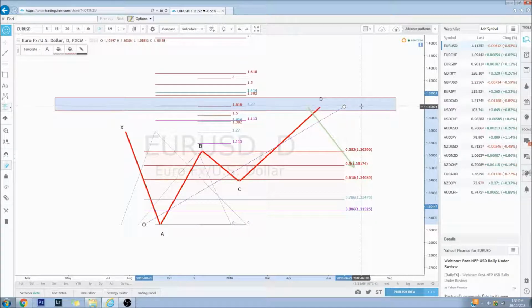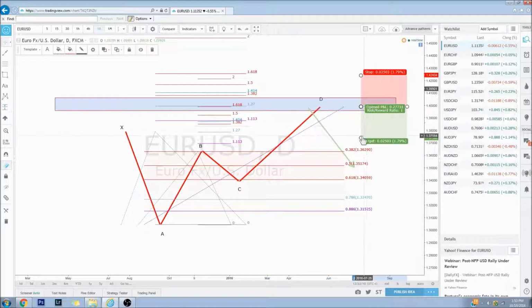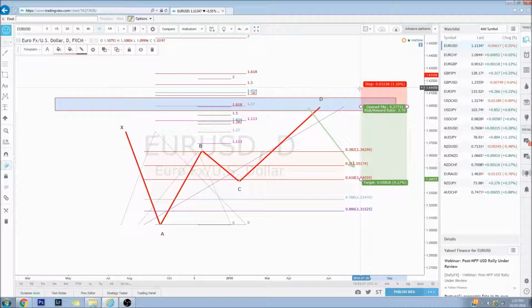So we would short this position right there, and we would have 618, 382. Now for the stops, if this was on a 1 hour time frame, I would have it 10 pips above the 382. So right here's the 382, I would have it 10 pips above right there.